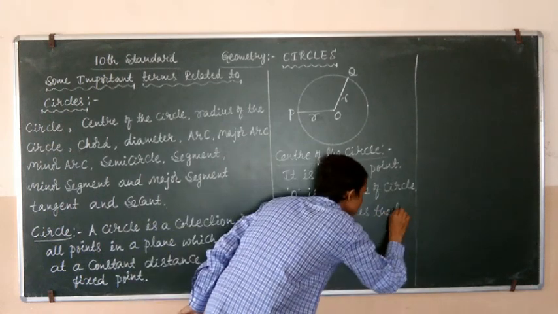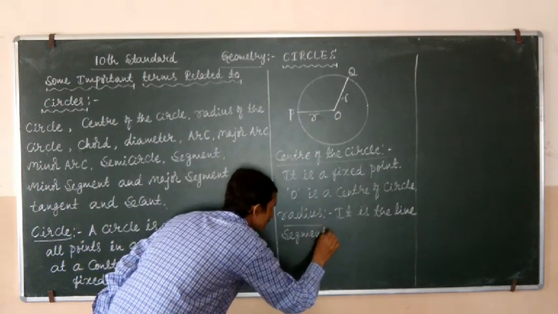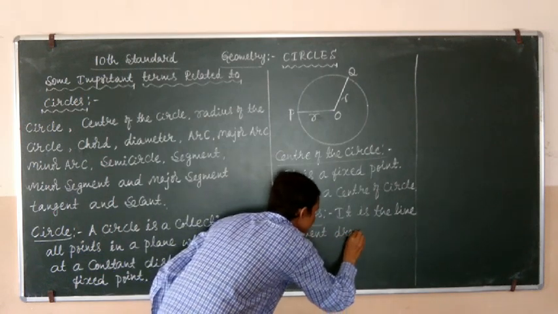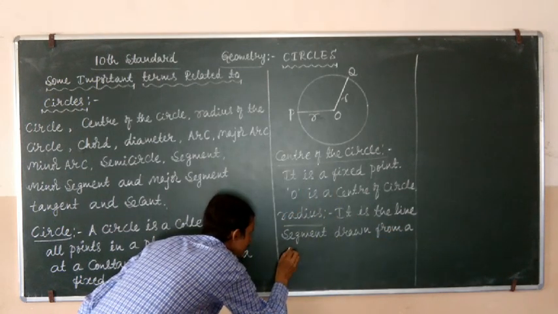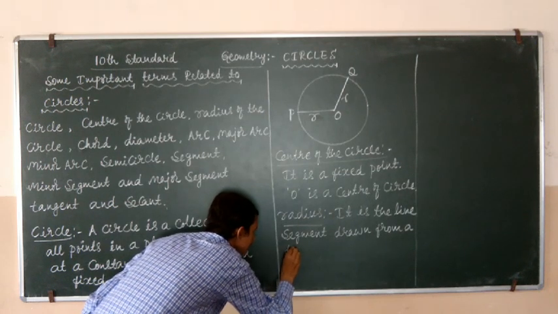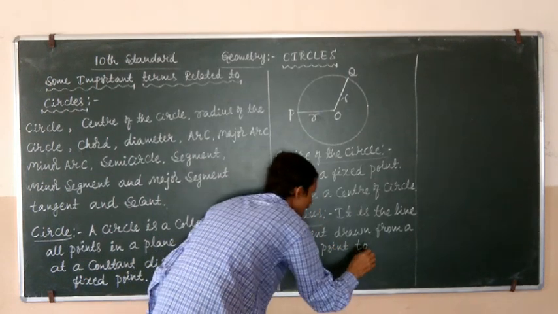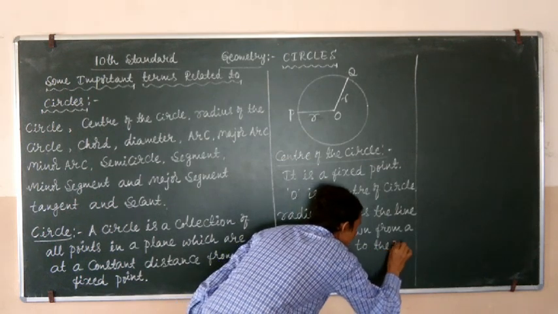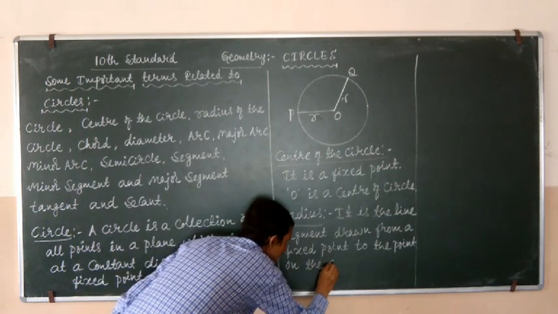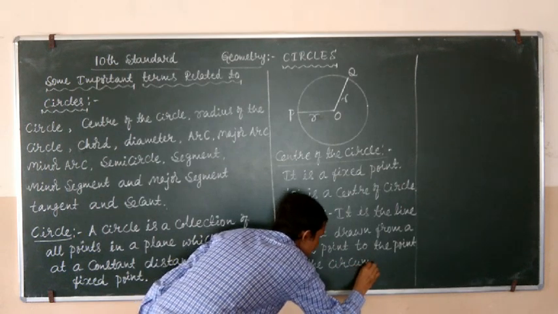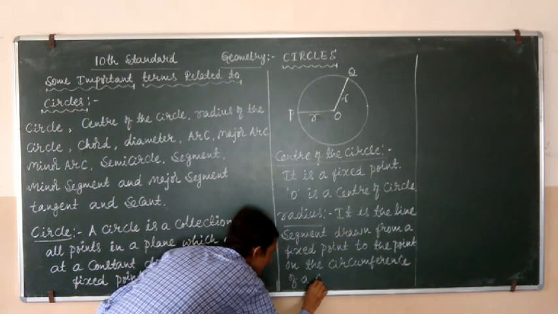Therefore, the radius is defined as the line segment drawn from a fixed point to the point on the circumference of a circle.